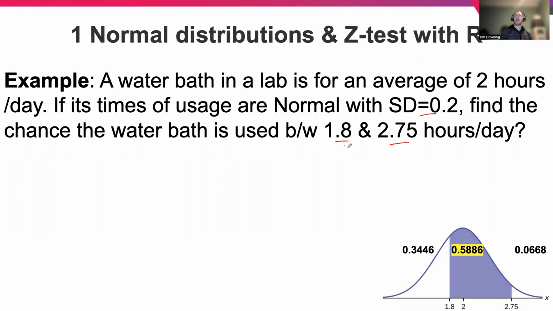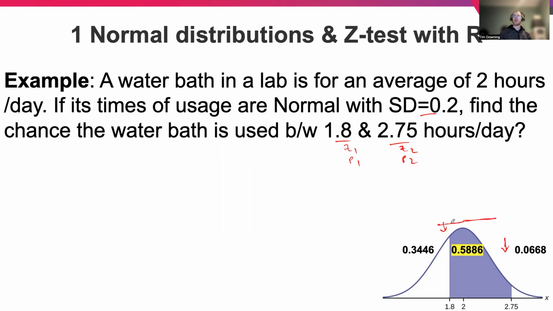So what we need to do is get the Z value for this one, the Z value for this one, the p-value for this one, the p-value for this one, and visualize them in a distribution like we have below. So our first Z value we know will be below the mean, which is kind of this point here. The other one will be greater than the mean of 2 hours, definitely. So that will correspond to this one down here. And therefore what we want is the intervening area.